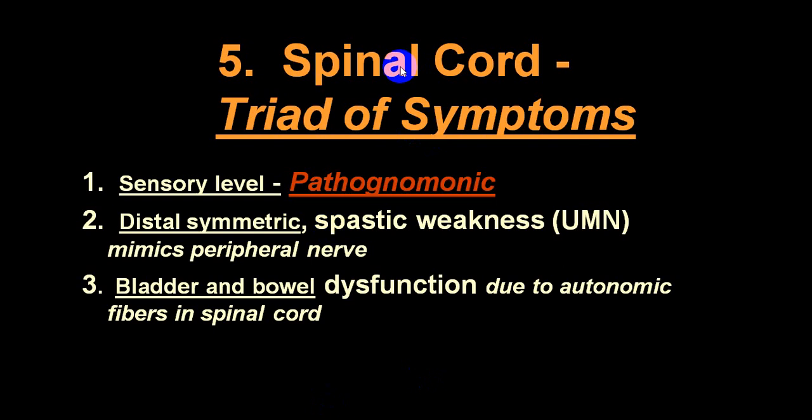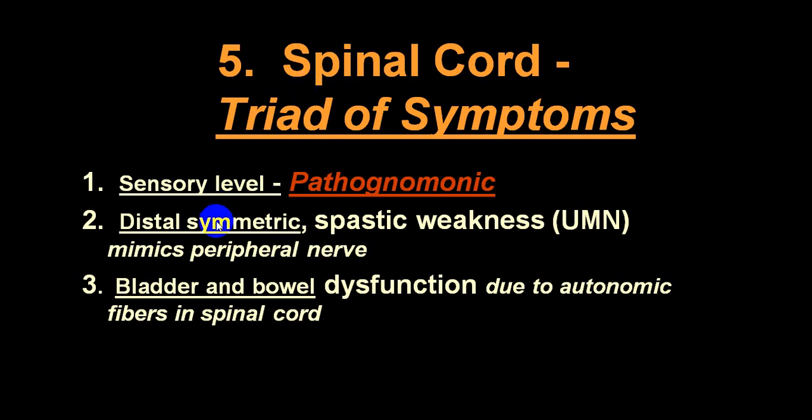As we come to spinal cord involvement, the spinal cord contains ascending tracts and descending tracts. So there will be a sensory level, very clear cut, which is the diagnostic part as far as spinal cord involvement is concerned.